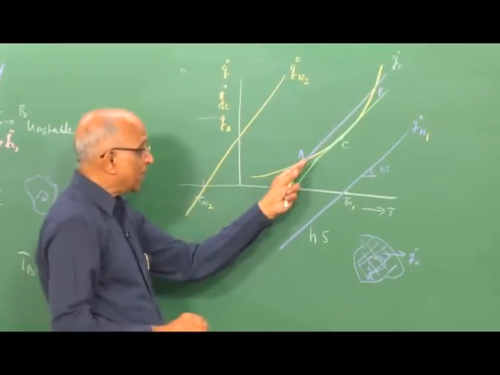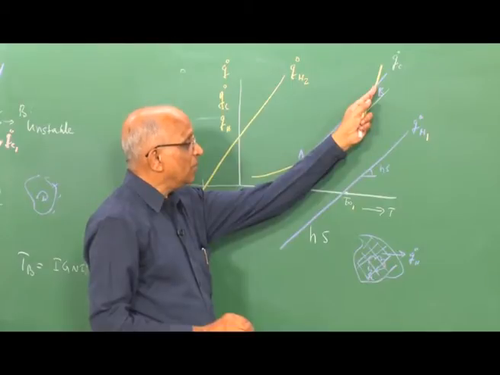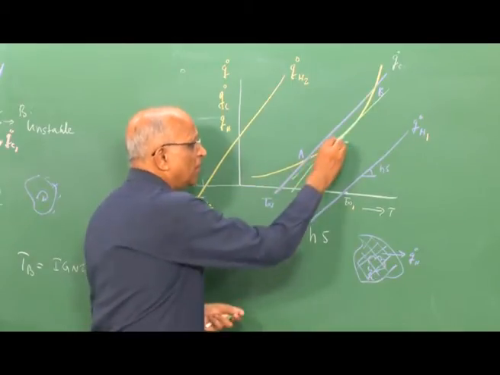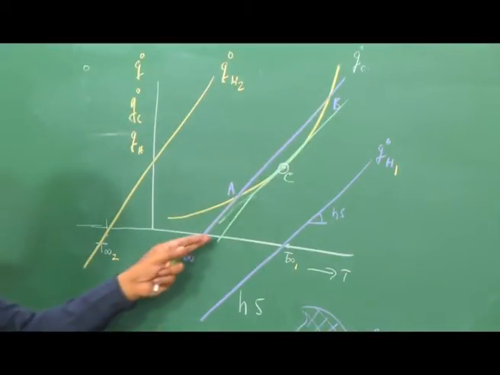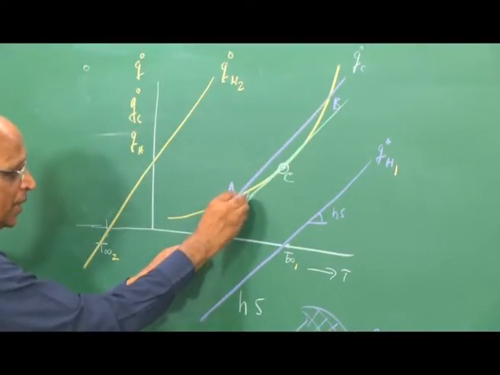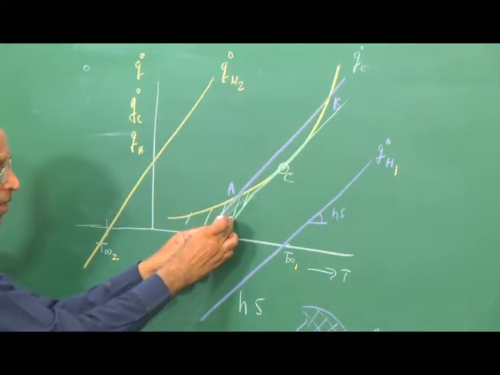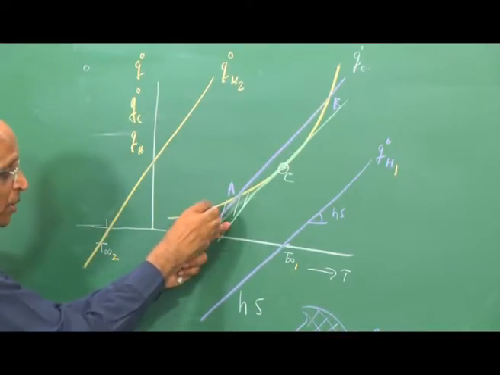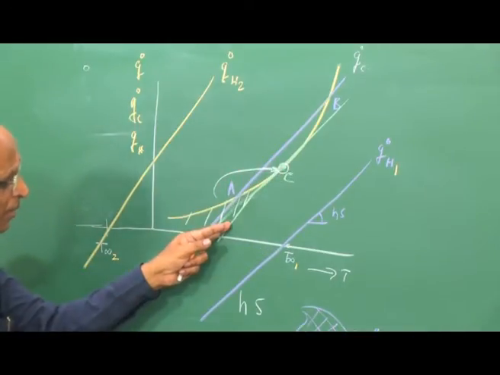That means I do not get a stable point at all. Well, I also am not getting the unstable or ignition temperature. What is this particular point over here? Let us try to interpret this. To the left of C, the heat generation is always higher than the heat loss given by the green line, and therefore any point is going to come back over here. Therefore, it is something like a stable point.